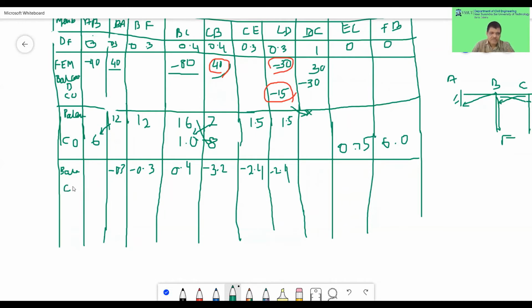So you carry over. What will come from here? It will come minus 0.15. Then here we get minus 1.6, and here 0.4 means minus 0.4, so minus 0.2. From minus 1.6, minus 0.2.